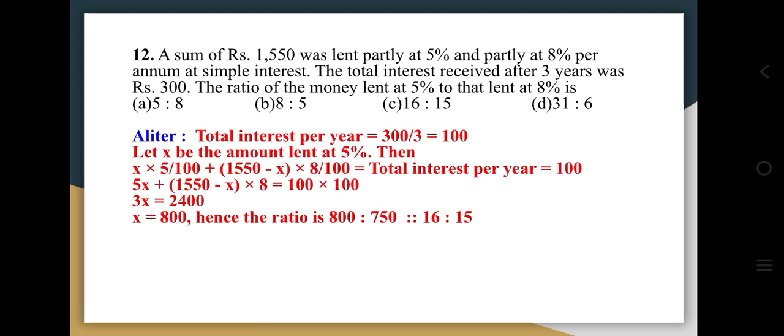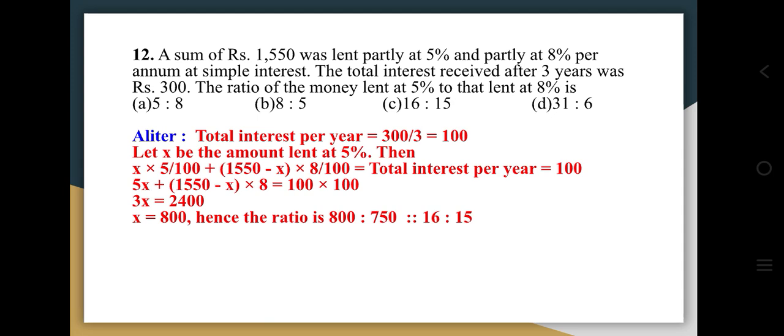It may be 5k, and the other amount is 8k. So what is the total? 5 plus 8, 13k. That 13k has to be equal to 1550.